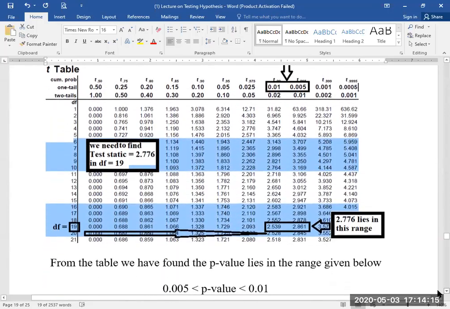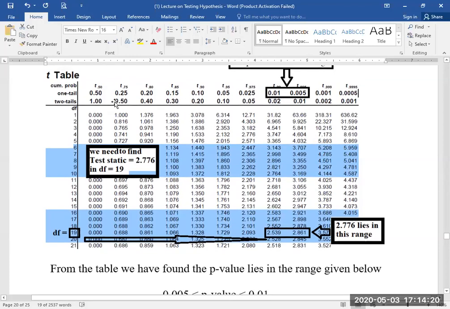Now, students, this is the T table, the T distribution table. This table gives the values for both two tail and one tail. This is the one tail row and this is the two tail row. Students, from the row of degree of freedom 19, I will find 2.776. You can see 2.776 lies between these two values.